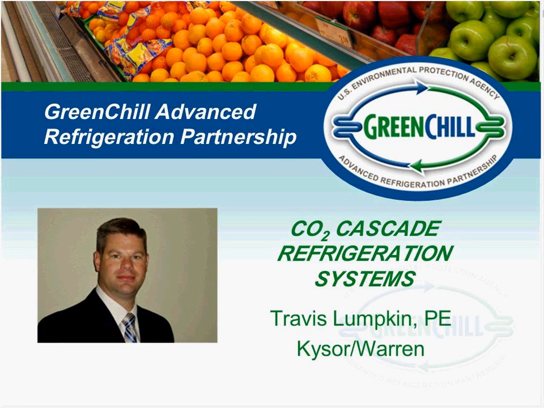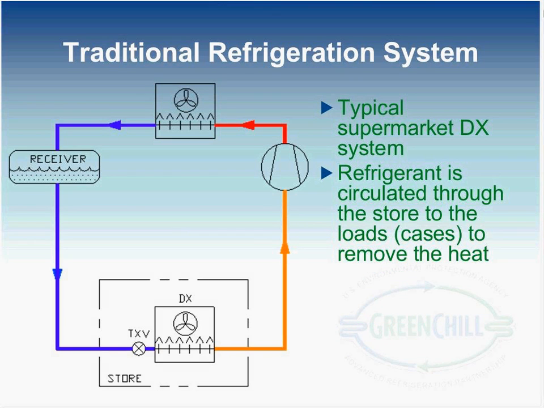We'll get started by first looking at a simple schematic of a traditional refrigeration system. What you see here on the screen is the basic primary equipment used in a traditional market. You have a compressor over to the right, and the compressor discharges into the condenser. We liquefy the refrigerant. We have a receiver for refrigerant management.